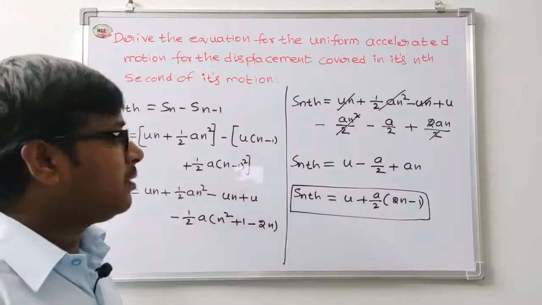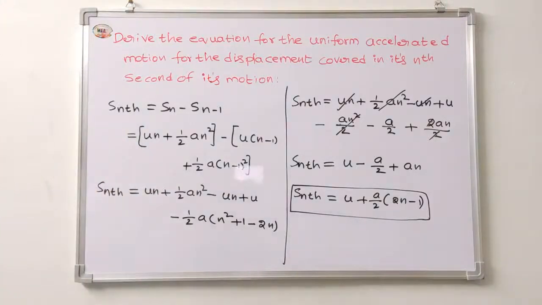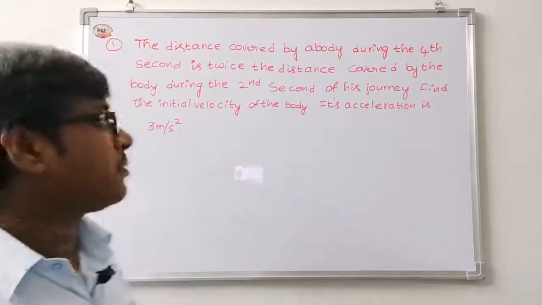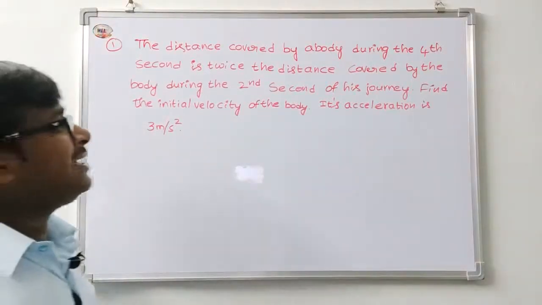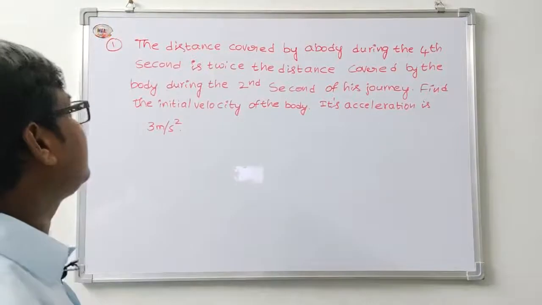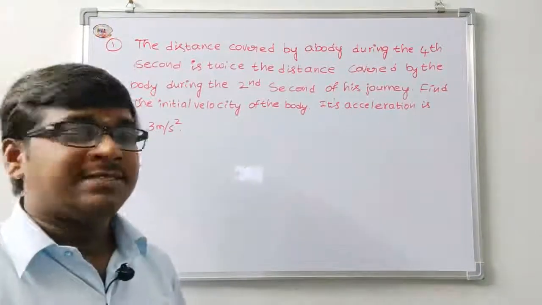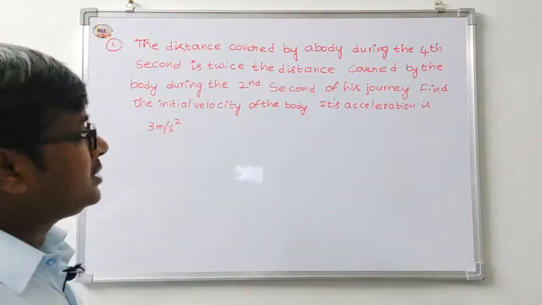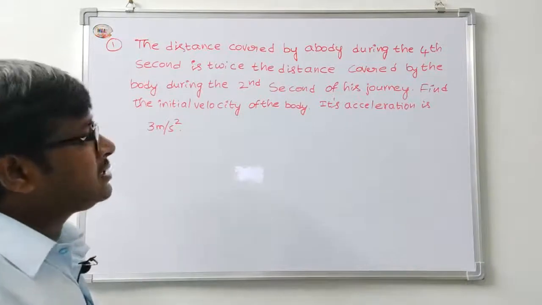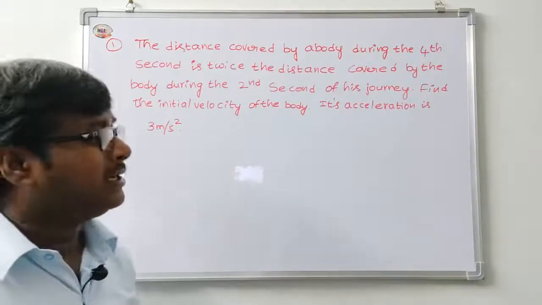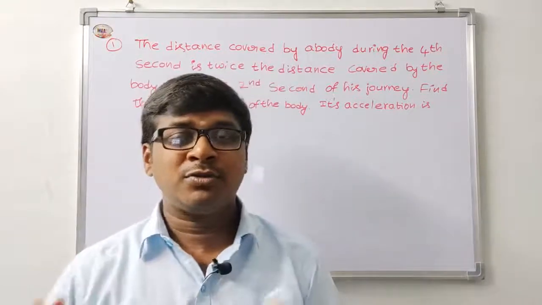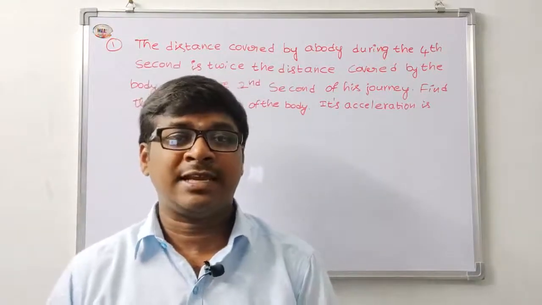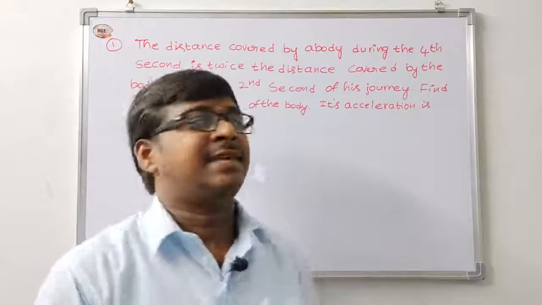Next, let us discuss a problem, students. The distance covered by a body during the fourth second is twice the distance covered by the body during the second second of its journey. Find the initial velocity of the body. Its acceleration is 3 meter per second square.